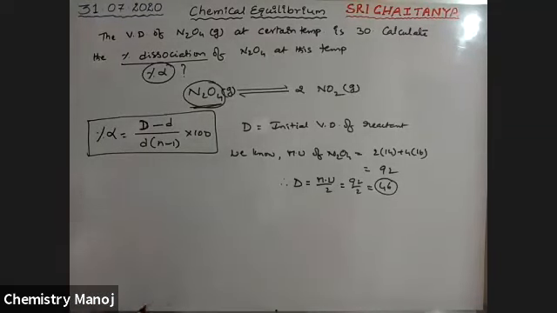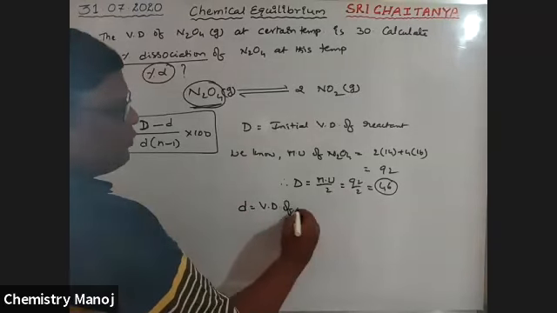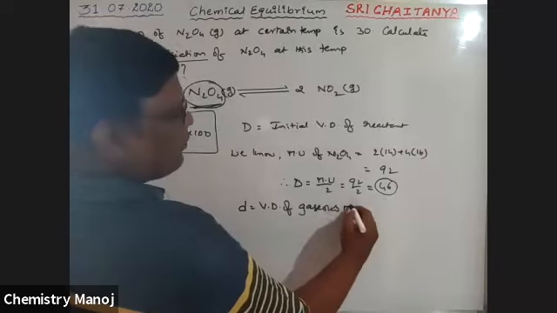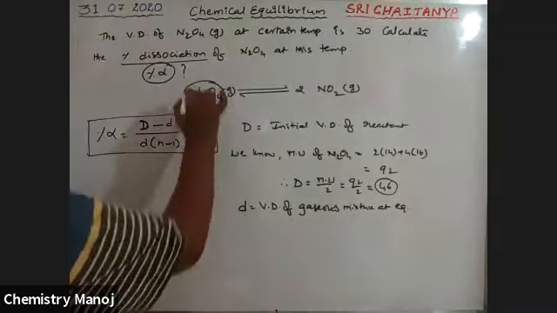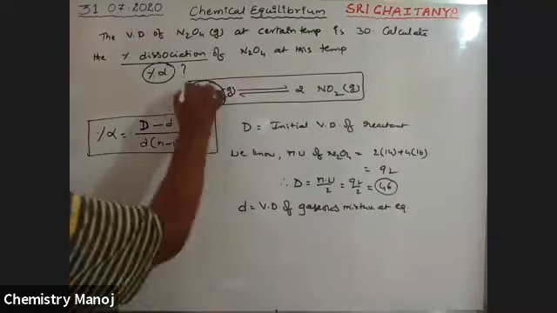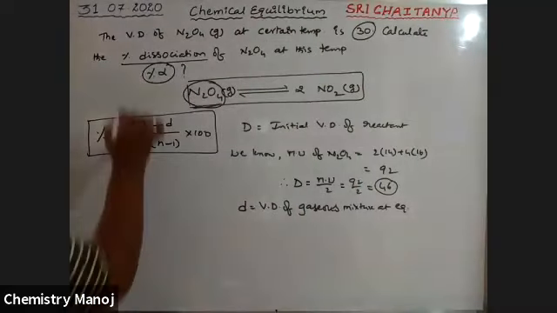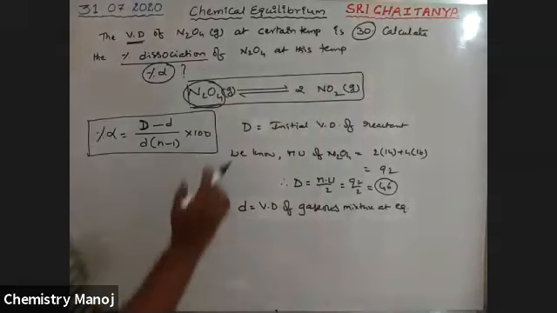Next, small d is the vapor density of the gaseous mixture at equilibrium. At equilibrium, these two are existing. So the vapor density of the gas N2O4 at a certain temperature is this much, not initially.